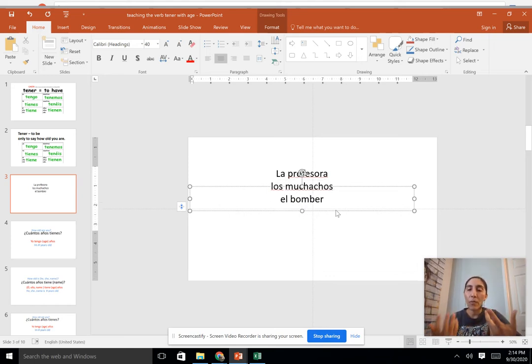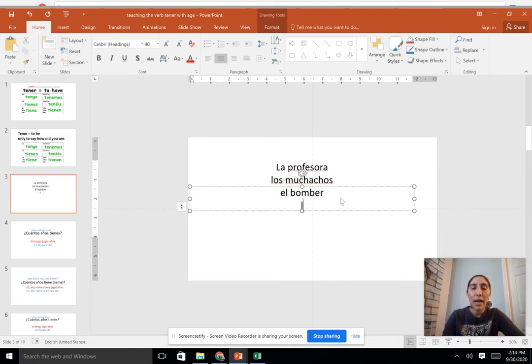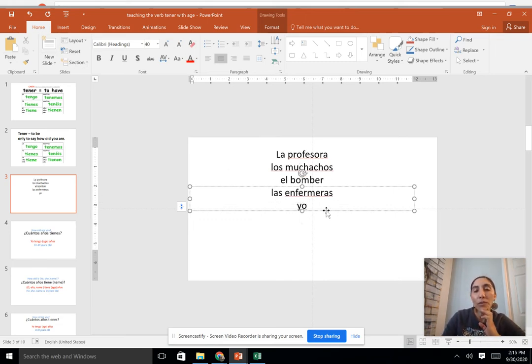Or if I want to say the nurse, on that purple sheet you find the nurse, you say la enfermera. How about we make this plural? So I will say las enfermeras. What if I want to say yo? Now these are subjects, right?